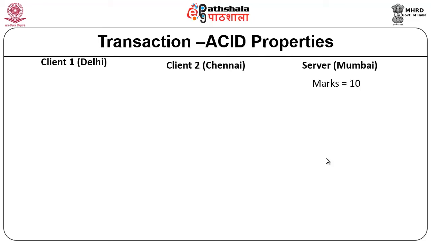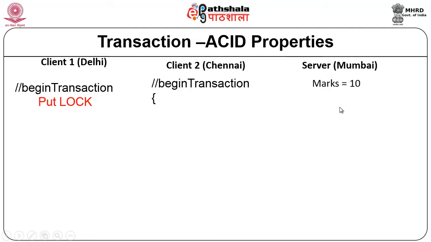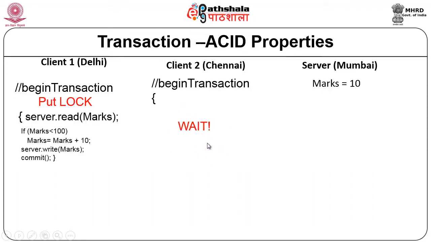So, how do we use a lock? We use a lock like this. If client 1 starts first, it puts a lock on this data, which is the marks in the server, and then when client 2 tries to access, it is not allowed. It will be asked to wait, and client 1 continues.